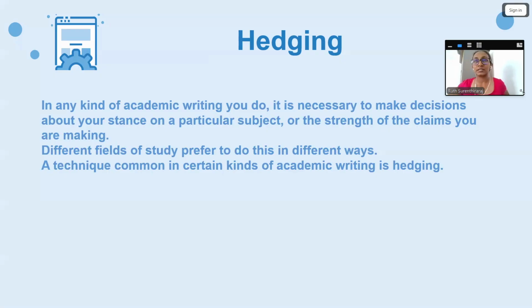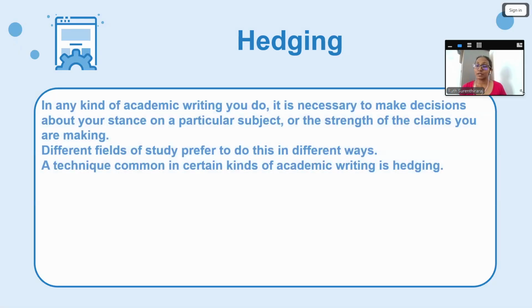I mentioned last time that when we talk about hedging, we talk specifically about this idea of when we don't want to give a very firm conclusion. This is a bit more difficult to understand, guys, until we start reading and doing some activities, so I will take you through those activities as well.